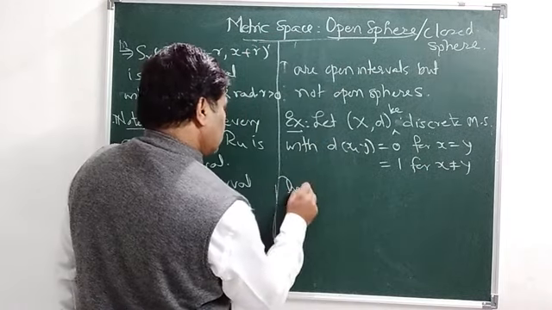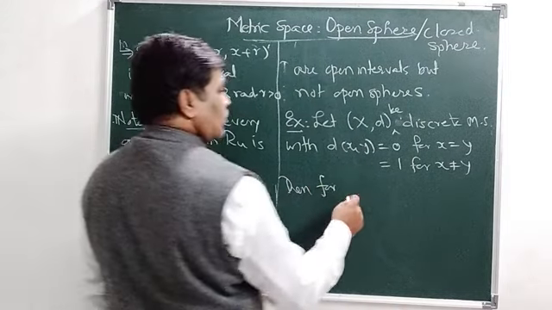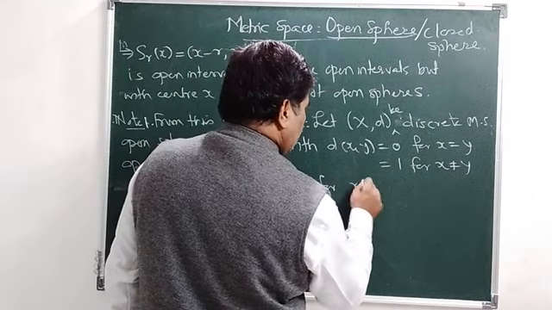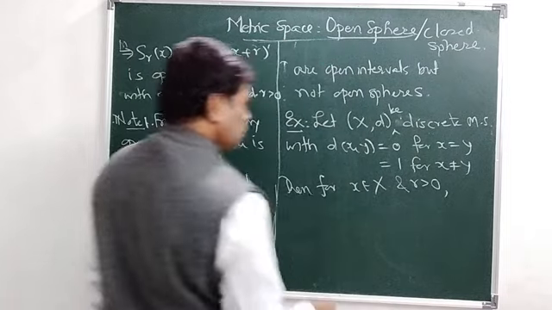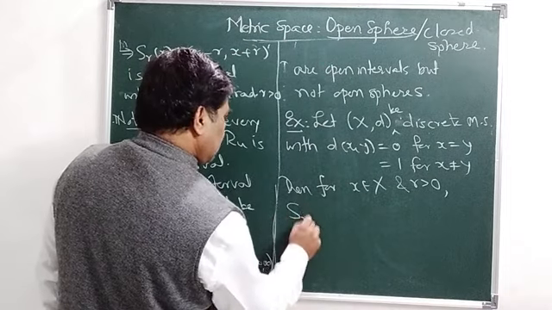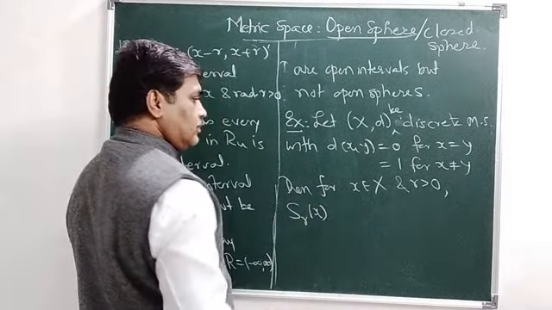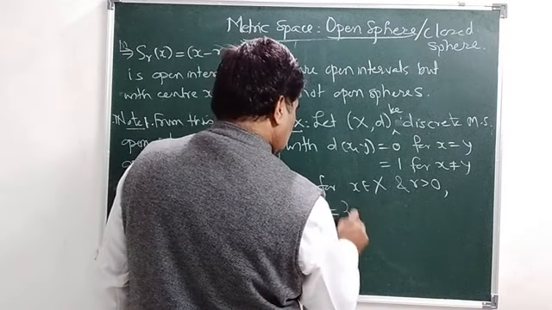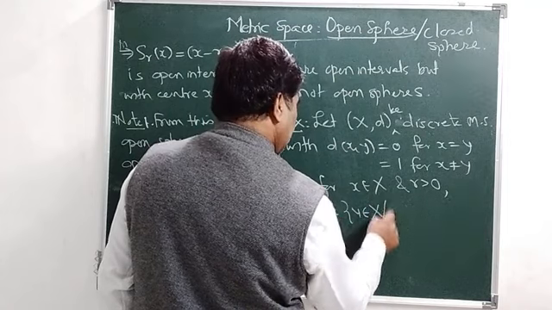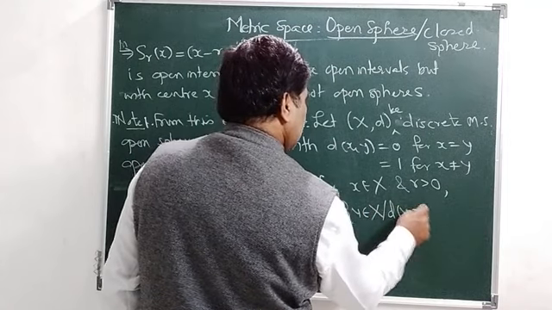Then for x belonging to X and r greater than 0, the open sphere S_r(x) is equal to the set of y belonging to X such that d of y, x is less than r.